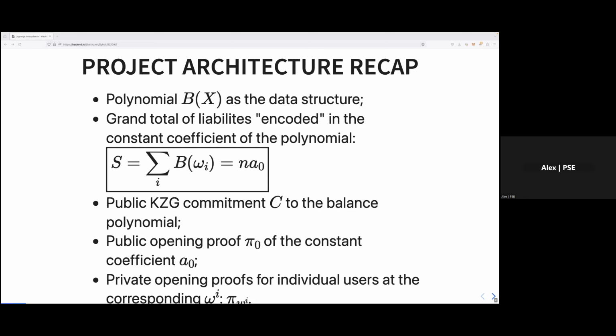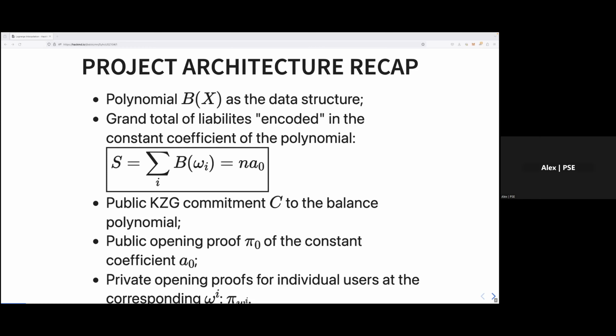And to prove the inclusion of the individual users into the grand total, we provide the opening proofs to the users corresponding to their points on the x-axis, corresponding to the omega raised to the power of the user index.